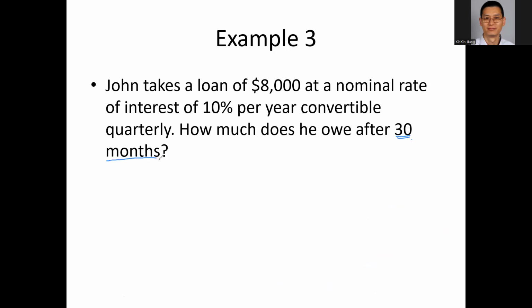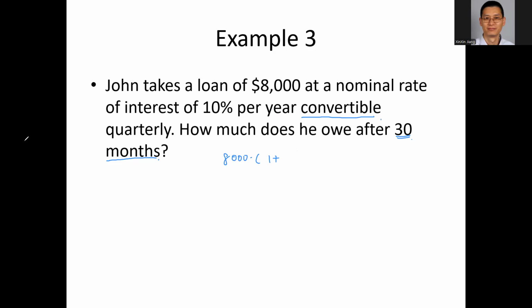Notice the unit is a month, so you only need to work with a monthly effective rate and then just compound it. So you have 8,000 times 1 plus the monthly rate. Actually, we don't know the monthly effective rate, because it's convertible quarterly.